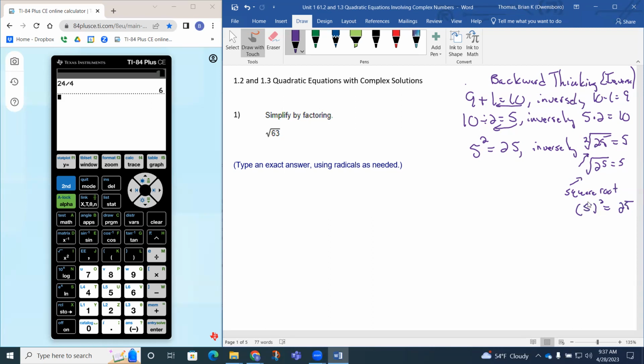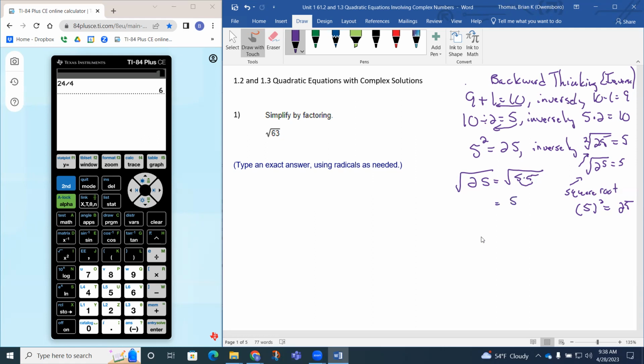As we move forward, one of the things we also pick up on is, as far as square roots go, if I have the square root of 25, I can actually change 25 to its prime factors, 5 times 5. And since there's a pair of 5s, what this means is one 5 can come outside the radical in this problem.